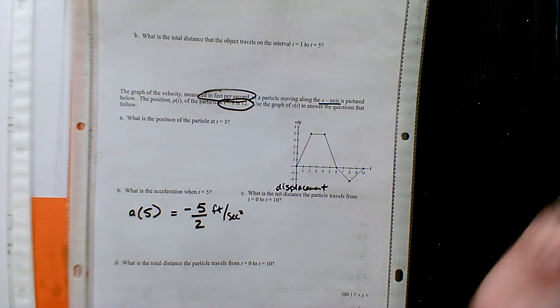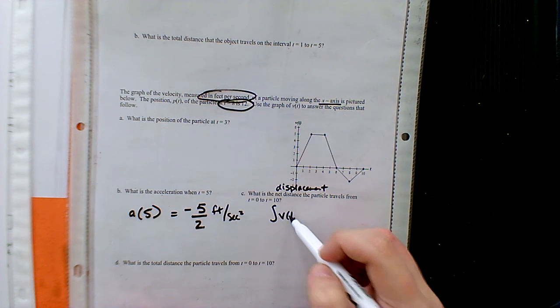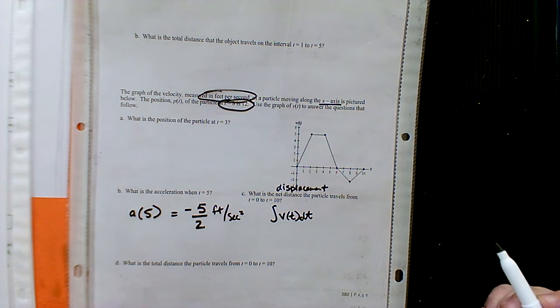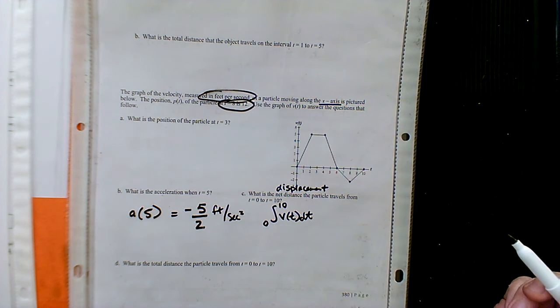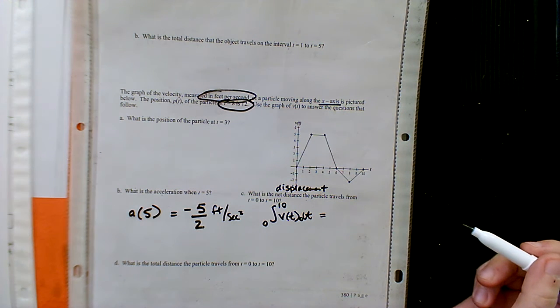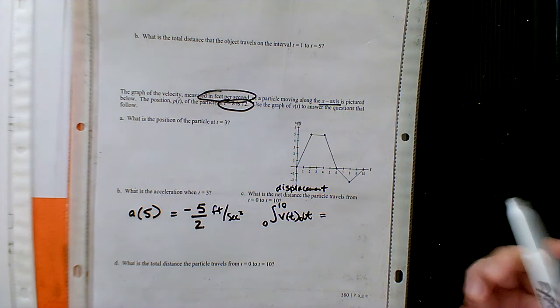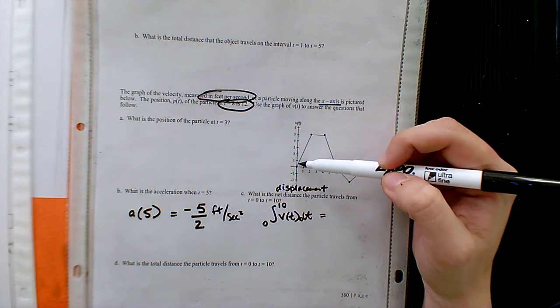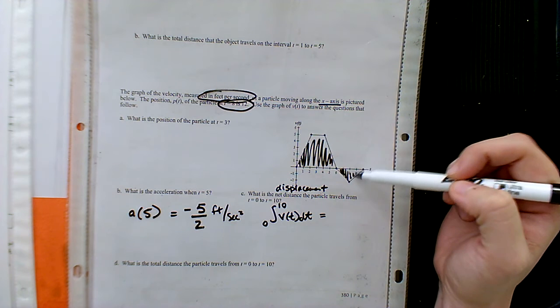The area under the curve. Okay, aka an integral under this curve of velocity from 0 to 10. So that's basically going to give us this change in position, aka displacement, how far you traveled on that interval. So if we shade it in, we need all of this area plus all of that area.